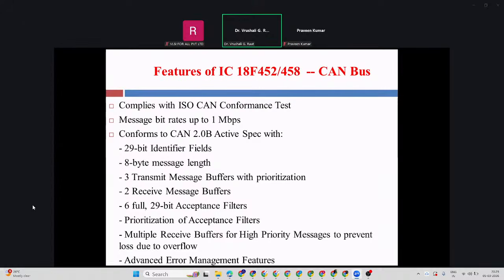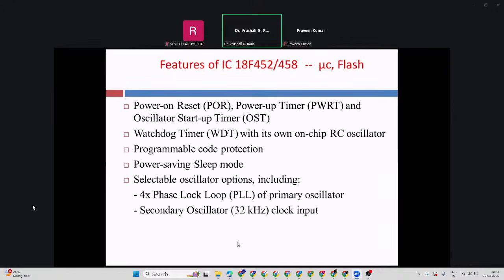So automobile electronics is basically using this CAN protocol. It complies with ISO CAN conformance test, with message bit rate up to 1 Mbps. Anyway, it gives CAN in detail. And obviously, as CAN is not known at this level to you, it's okay. Just keep in mind that it can deal with the CAN bus, and all these things are there while dealing with the CAN bus.